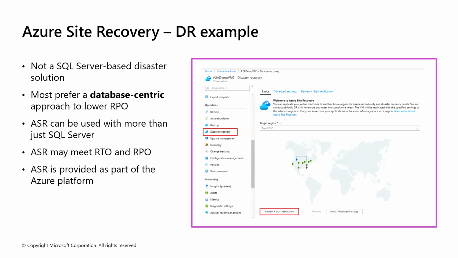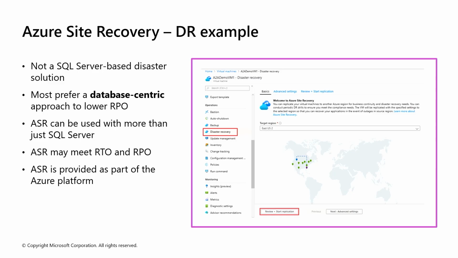Azure Site Recovery provides a platform-level disaster recovery solution that complements SQL Server deployments by lowering the RPO and RTO. While ASR is not SQL specific, it can replicate entire virtual machines hosting SQL Server, making it a valuable tool for ensuring business continuity.